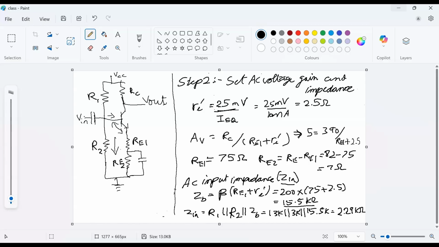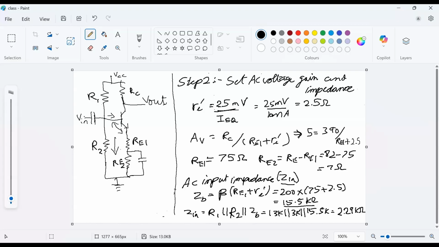In order to calculate Zin, first we are calculating ZB, or the impedance when looking at the circuit from the base of the transistor. So this is given by beta times RE1 plus RE dash. So beta for the BC547 transistor is 200. So 200 times 75 plus 2.5 gives a resistance value of 15.5 kilo ohms.